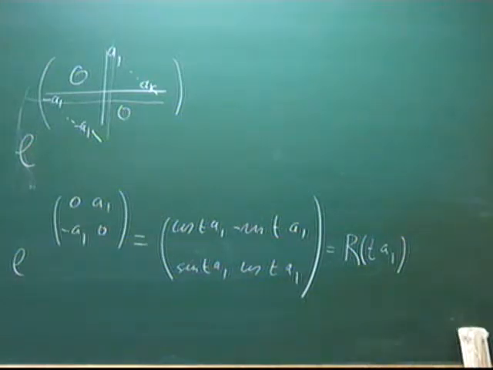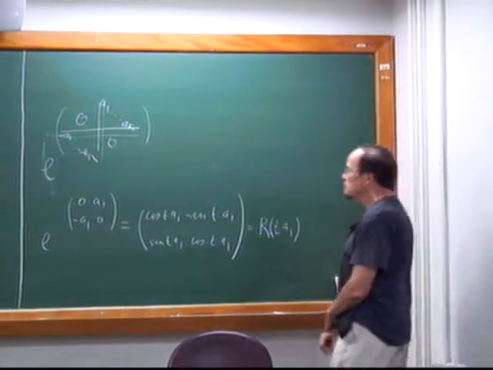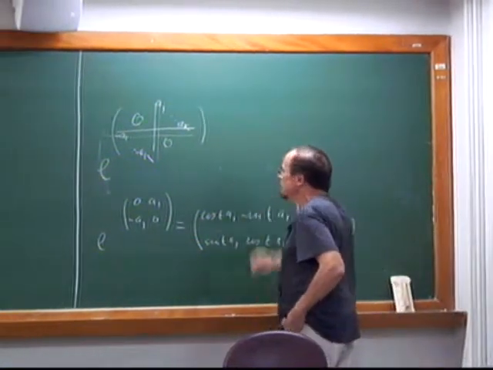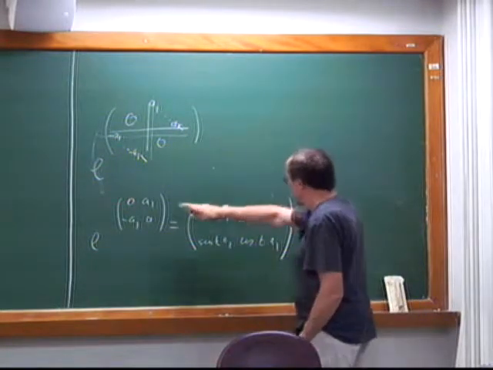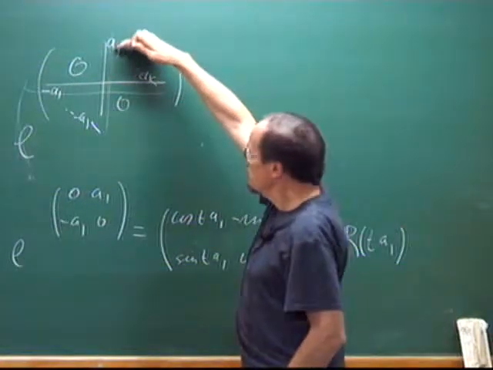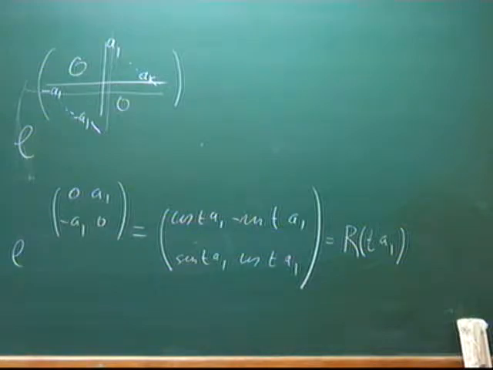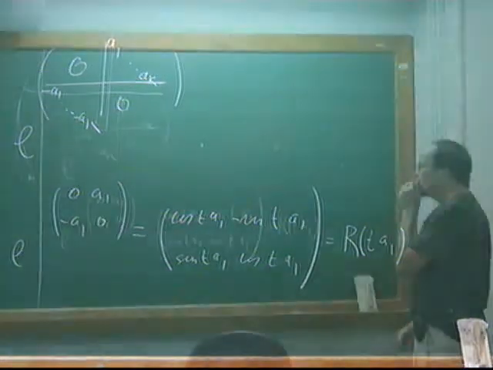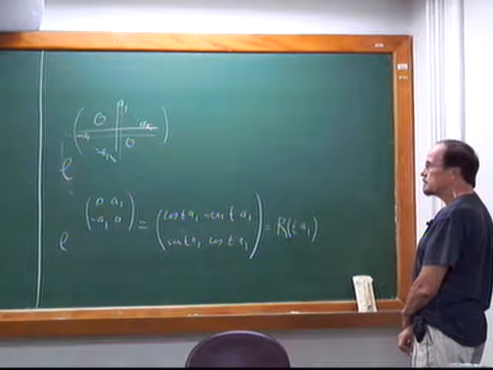Okay. Then now to apply this to the foot point. So this is my exponential. So I do this in each coordinate, right? So in this first coordinate, it's a rotation, and in the second corresponding coordinate, it's also a rotation. So what's the foot point?